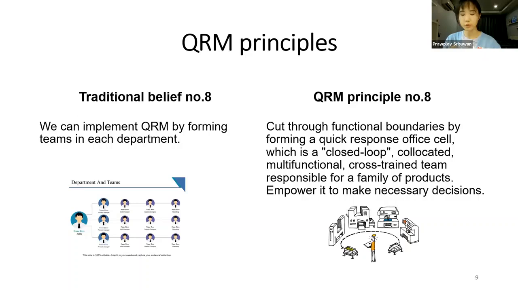They will have to sit together in an area of the workspace, and a QRM cell should have a closed loop, which means they have authority to do everything in their cell and can make decisions on their own, and the job that has been assigned to that cell should not leave the cell.